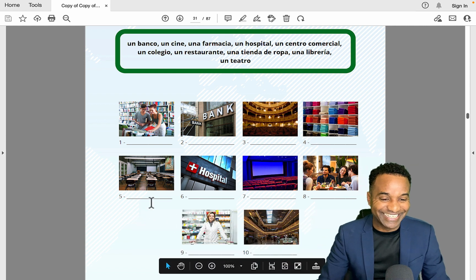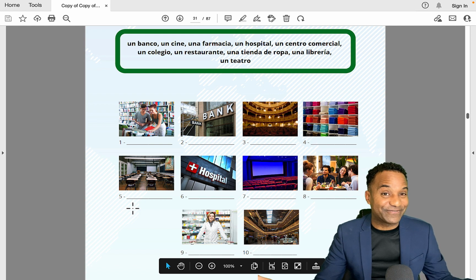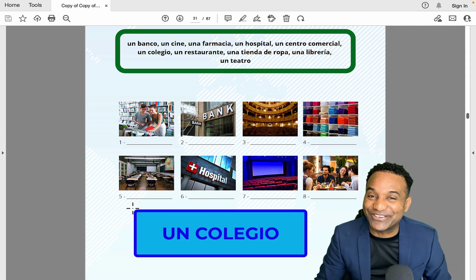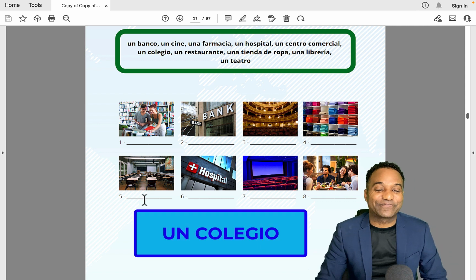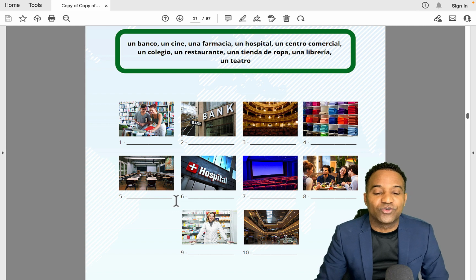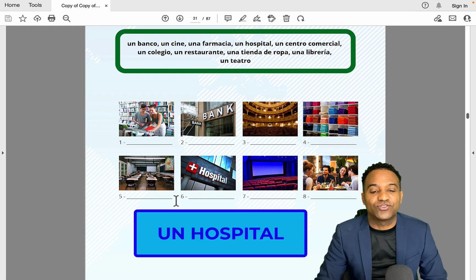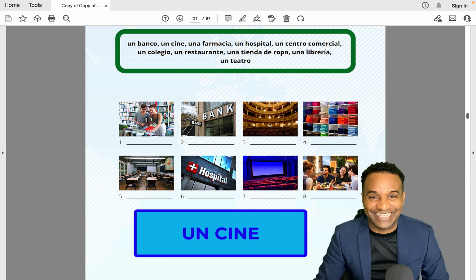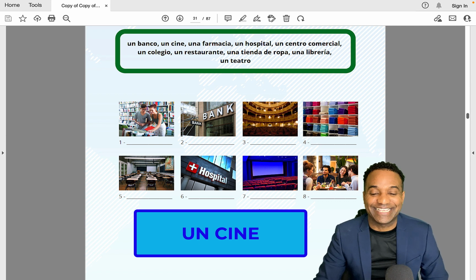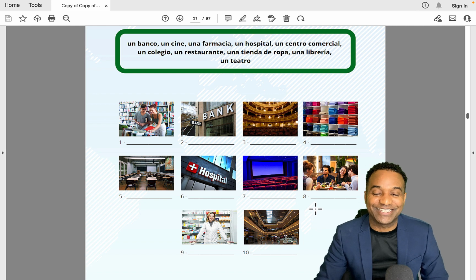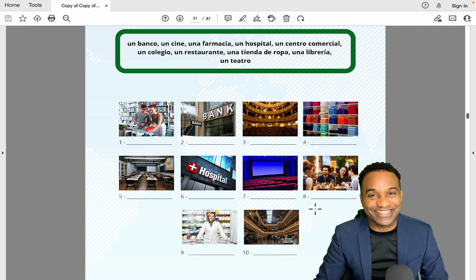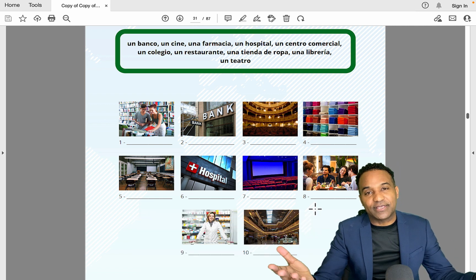Buen trabajo. Número 5. What is number 5? Who knows? Perfecto. Un colegio. Número 6. Un hospital. Número 7. Un cine. Número 8. Un restaurante. ¿Cuál es tu restaurante favorito?